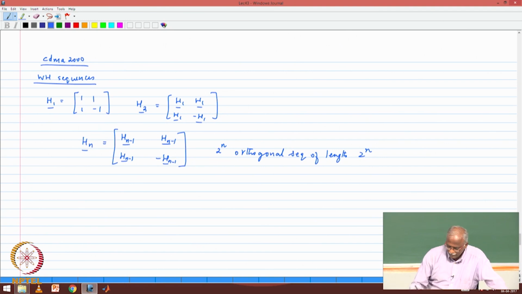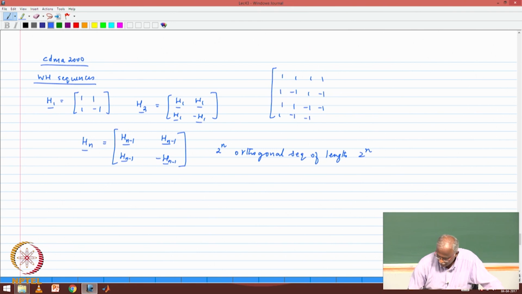Okay, so please generate a 4 by 4 matrix: 1 1 1 1; 1 -1 1 -1; 1 1 -1 -1; 1 -1 -1 1. Okay, these are perfectly orthogonal sequences.